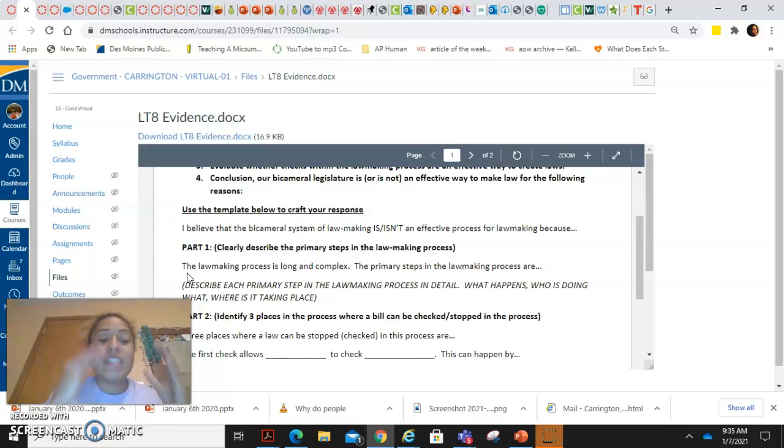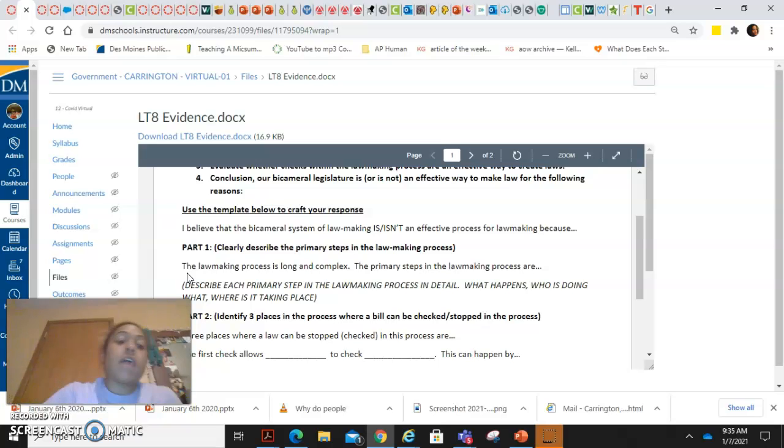Once it passes through the committee, it is then sent to the floor of whatever chamber, whether that be the House of Representatives or the Senate, where it is then brought up, it is introduced to the floor, and then it is extensively debated. It is then brought up for a vote, and if it passes that chamber, it is then sent to the alternate chamber.